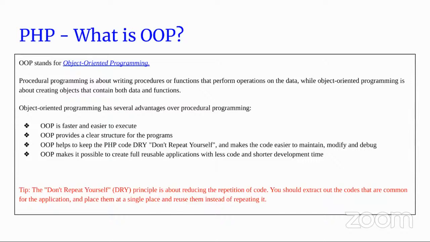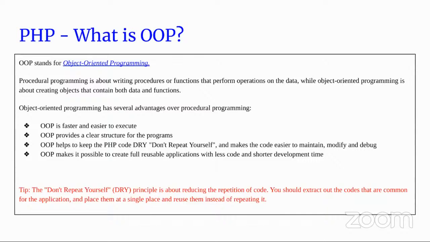So for example, you want to do a while loop that will print some stuff 10 times. You write it here, you go to another file, you still have to write that while loop, you go to another file. So repeating yourself is what we want to not do, right? We don't want to keep on repeating ourselves. So procedural programming is about writing procedures or functions that perform operations on data.